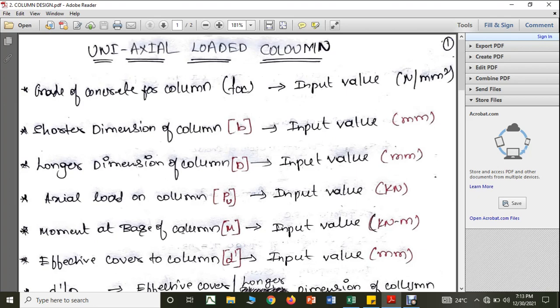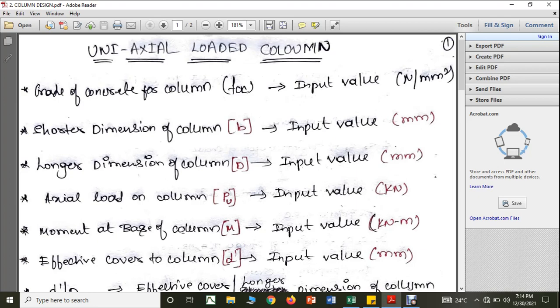But in practical column designs, usually you won't find any column which is only axially loaded, with no other loads present. Nowhere will you find such columns. You find at least uniaxially loaded, and most of the columns will be biaxially loaded columns.